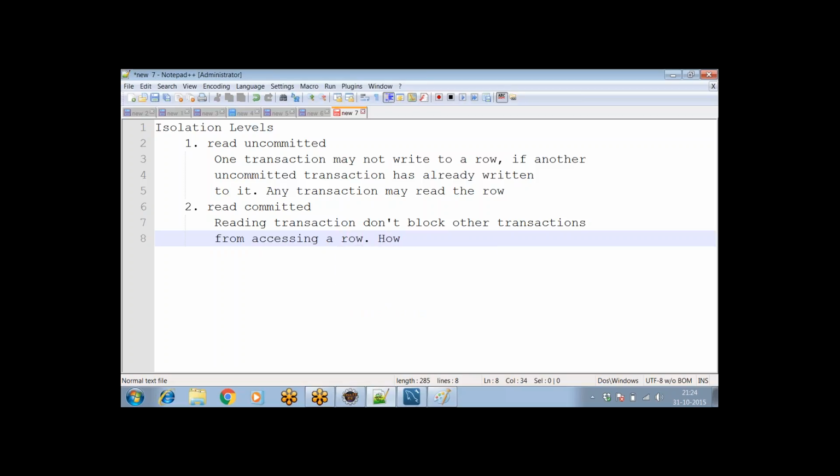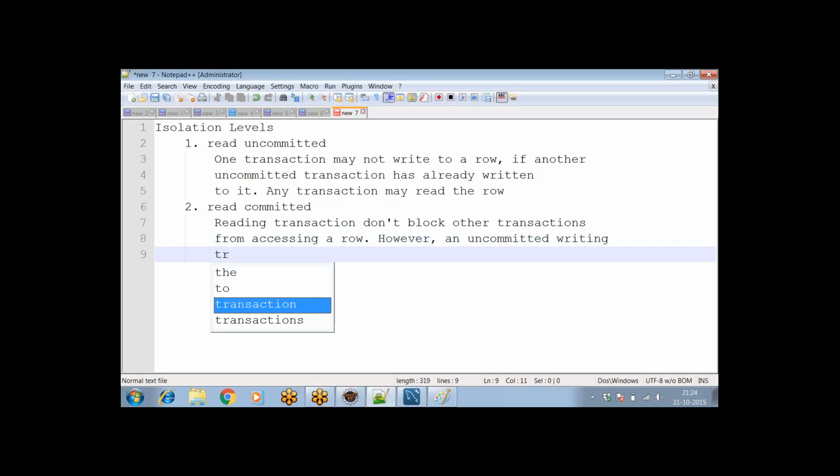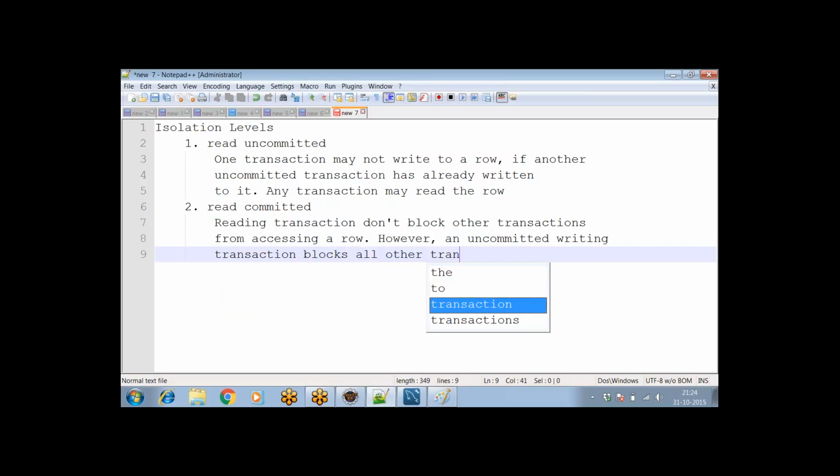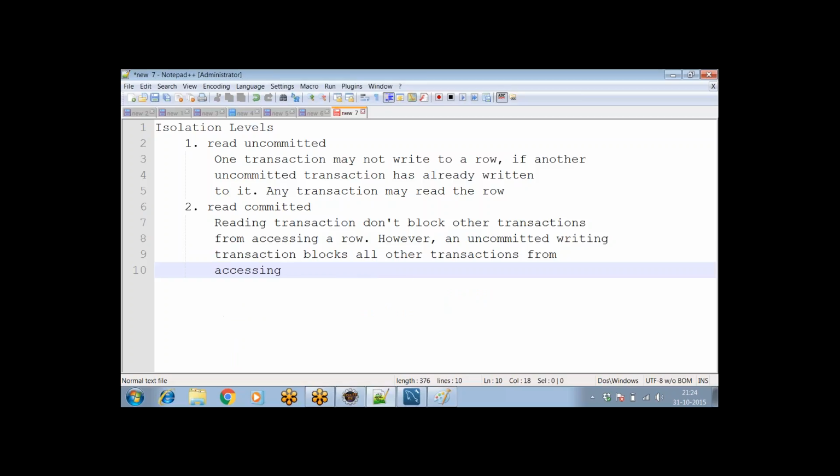However, an uncommitted transaction blocks all other transactions from accessing the row here.